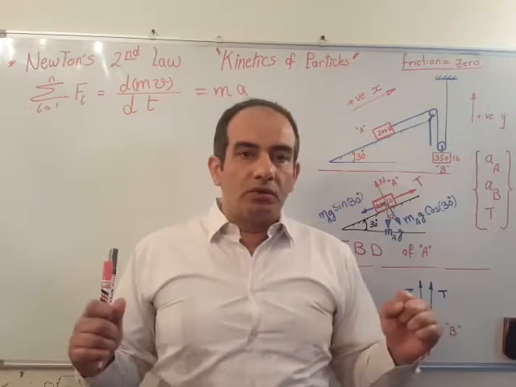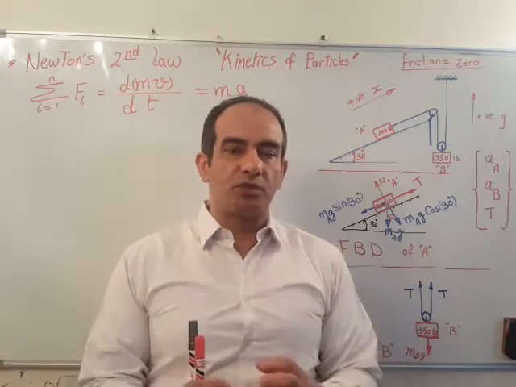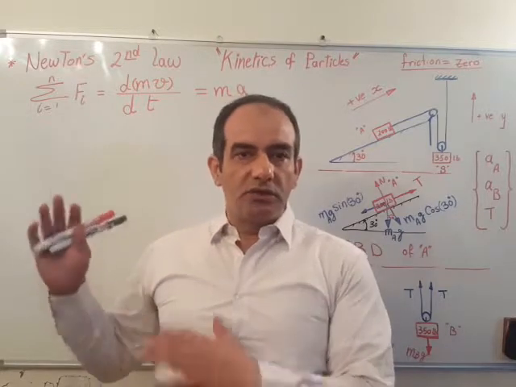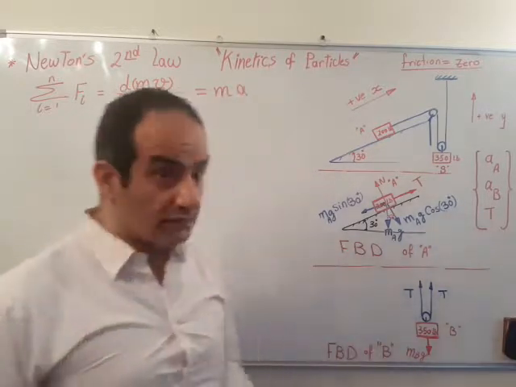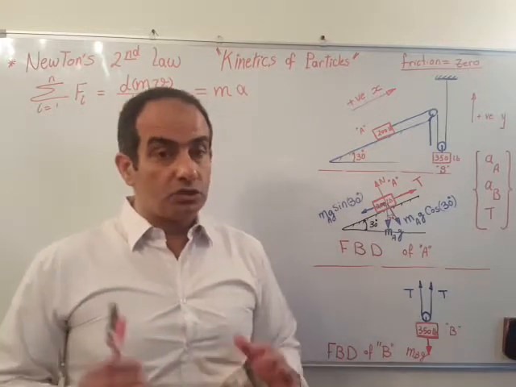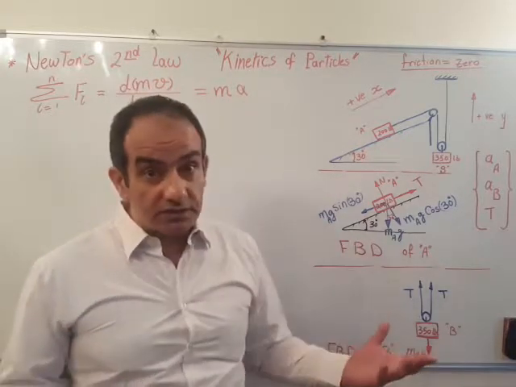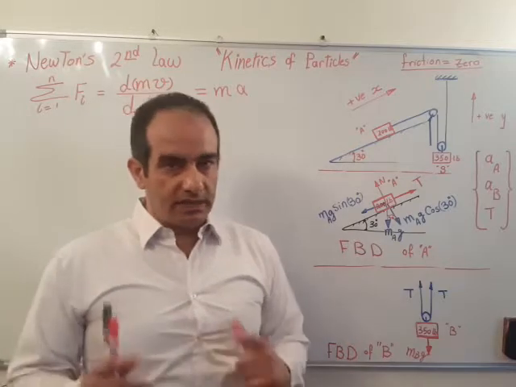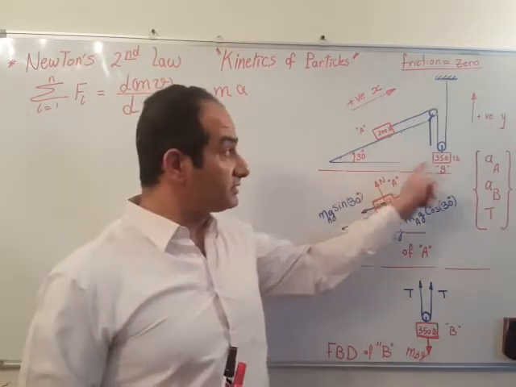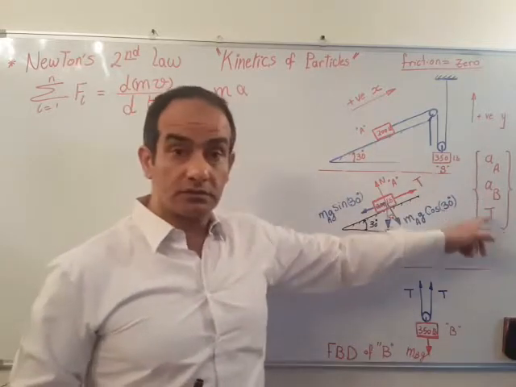So, how can we discuss this problem? How can we solve this problem using Newton's second law? We have two masses. Each mass is subjected to different forces. We are expecting that each mass will have a different acceleration.